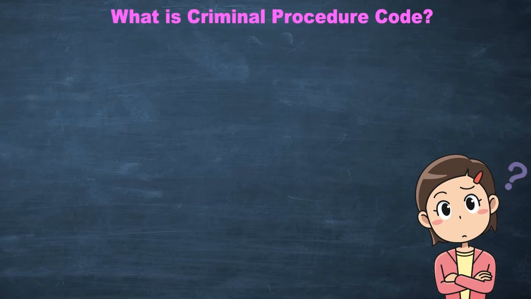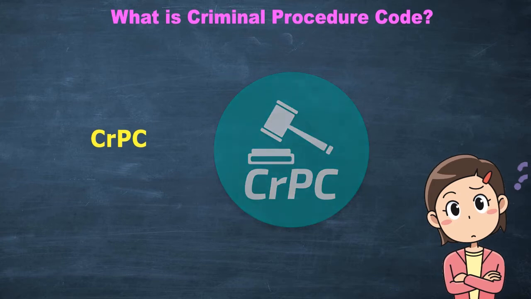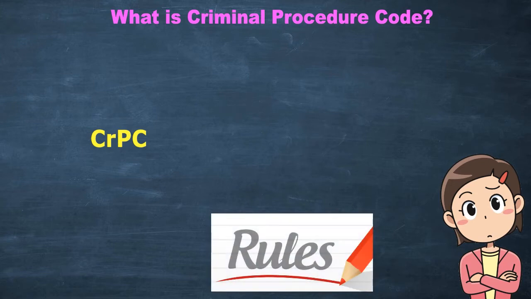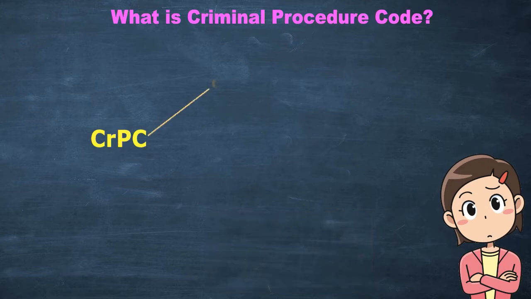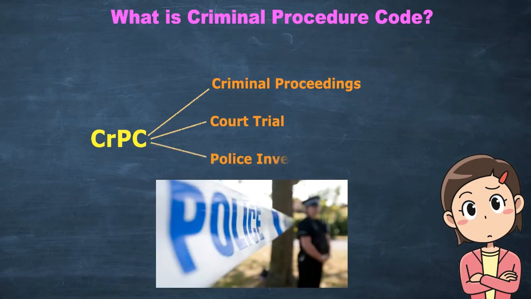So what does it mean? The criminal procedure code, or simply CrPC, is the body of rules that defines the criminal proceedings, court trial, and police investigations, procedures and methods. Okay, so its object is to provide a mechanism for the investigation and trial of offenders.